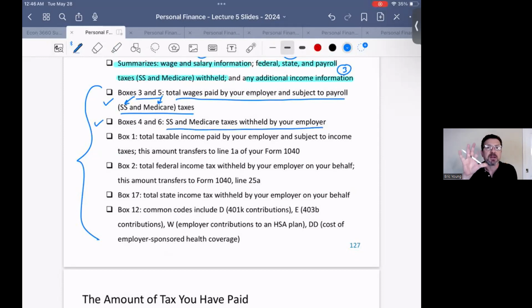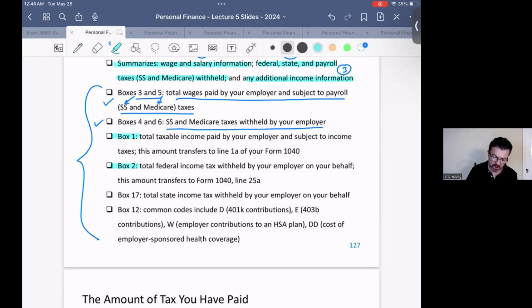Whereas boxes 3 and 5 indicate your income basis for those taxes, boxes 4 and 6 indicate how much tax was actually withheld for those. Those are very important for your long-term future and for your Social Security future. But when it comes to an income tax return, the really important ones are boxes 1 and 2.